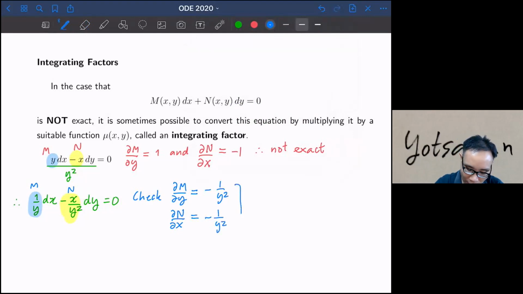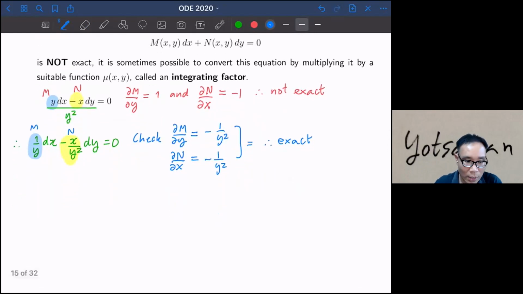And you see that they're identical. So it turned out to be exact. And when you have an exact equation, you just solve for u(x,y).